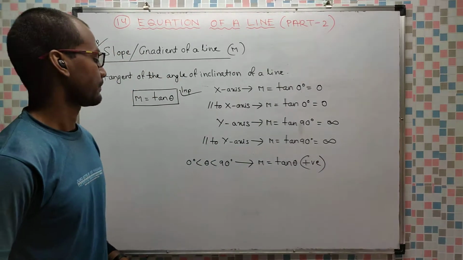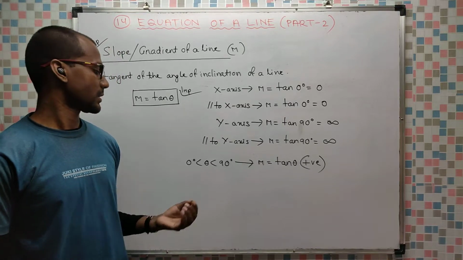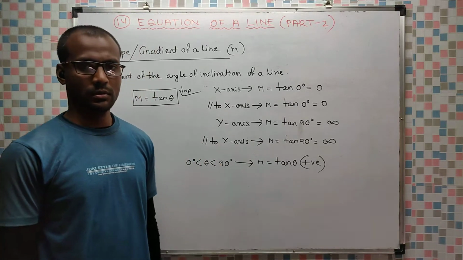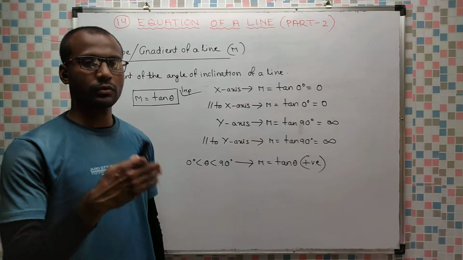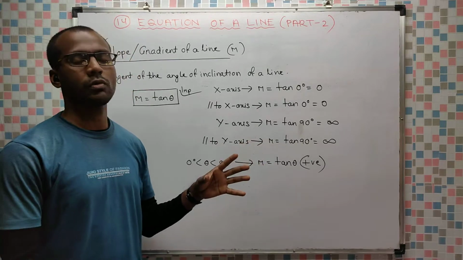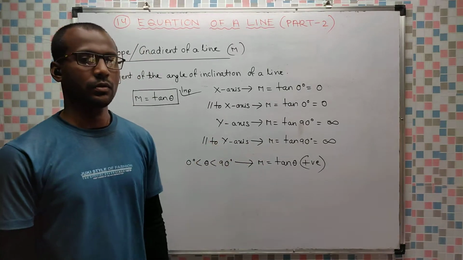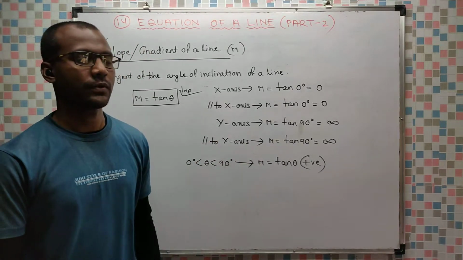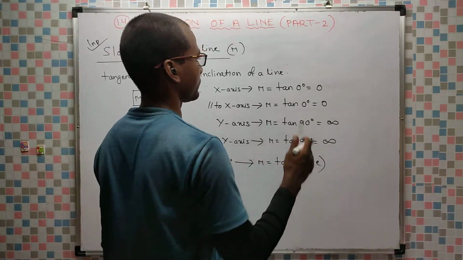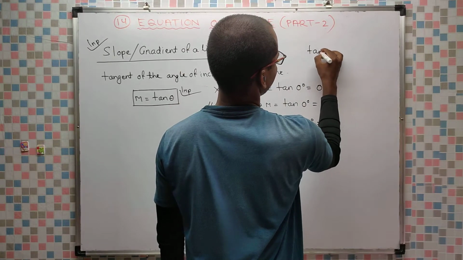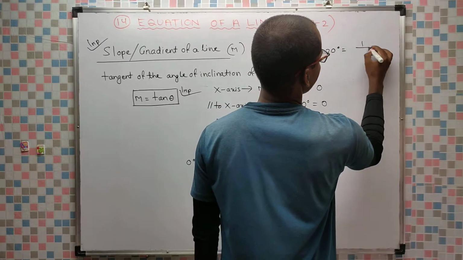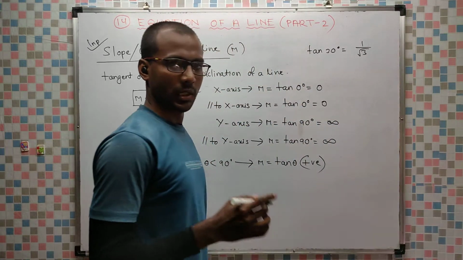Remember, if angle of inclination is in between 0 and 90, tan theta is positive. Because if you take any value of the angle in between 0 and 90, then tan theta will be positive. For example, tan 30 degree, which is 1 by root 3, it is positive.